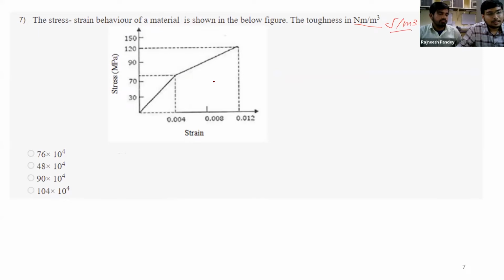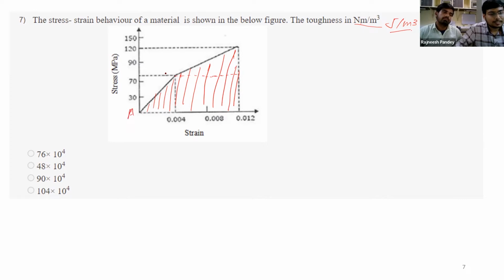You would have seen in the lectures that toughness is given as the area under the stress strain curve. So we need to find out this entire area. That would give us the toughness. It's a very simple question. Let me divide this entire region into three different shapes so that we can easily get the area.